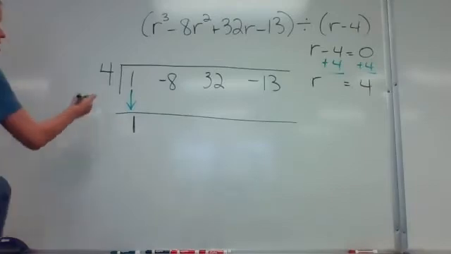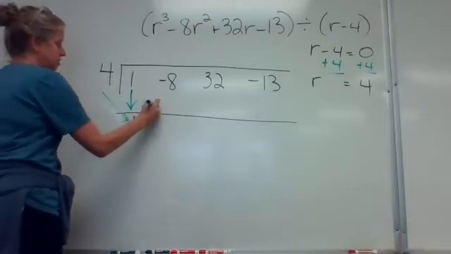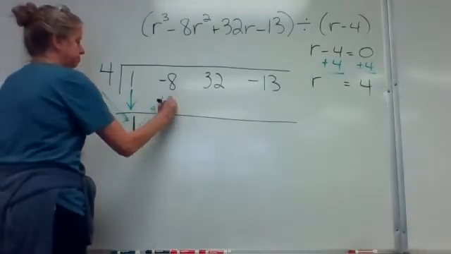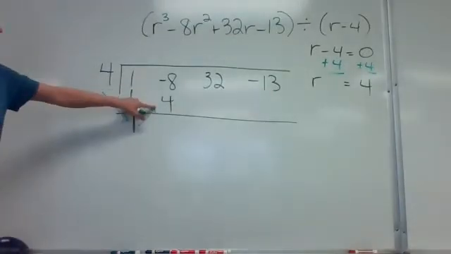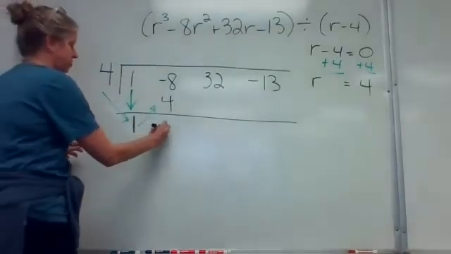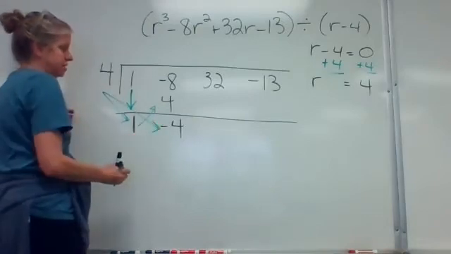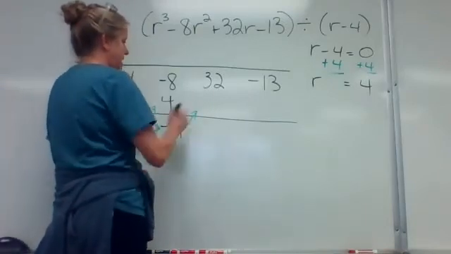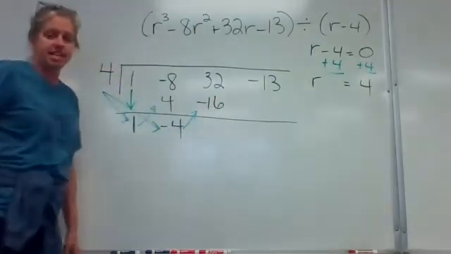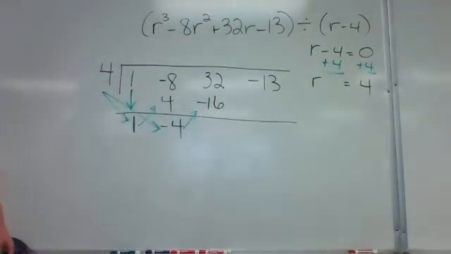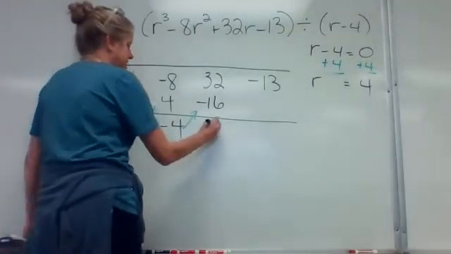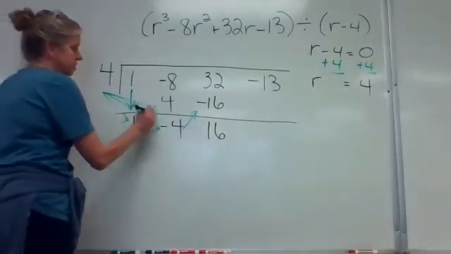4 times 1 gives me 4. Combine these. -8 plus 4 gives me -4. So now I have 4 times -4, which gives me -16. 32 minus 16 is 16.